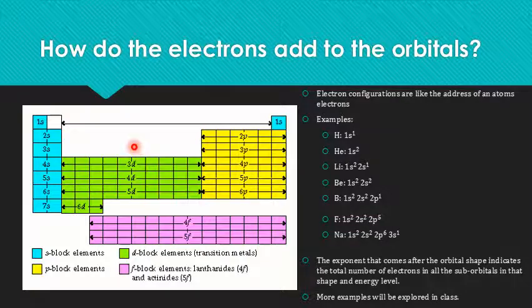Now you will notice that the numbering seems weird when we get to the d orbital. According to our s orbital, we are in the first energy level, second energy level, third energy level, fourth energy level. Well, why is this labeled 3D, 4D, 5D? It's off by 1. That is not a mistake.